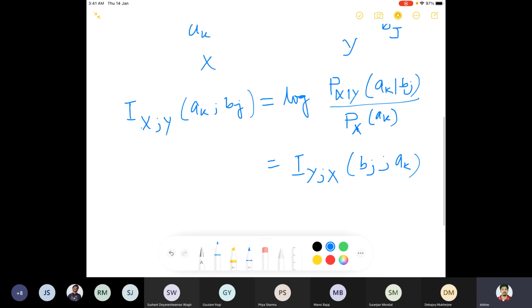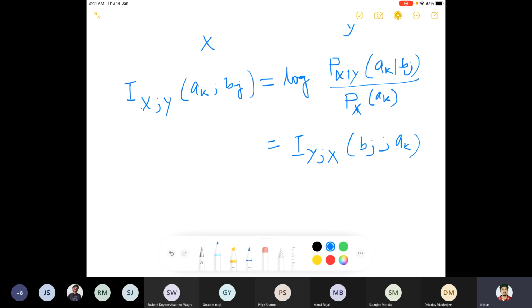One thing to observe, in order to see why this could be a meaningful definition, is this.